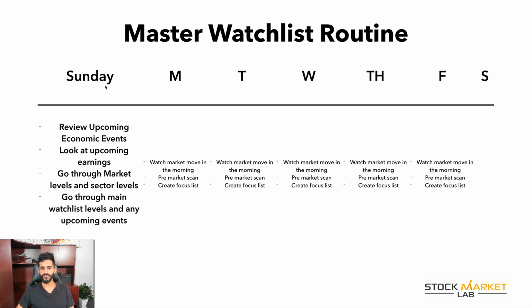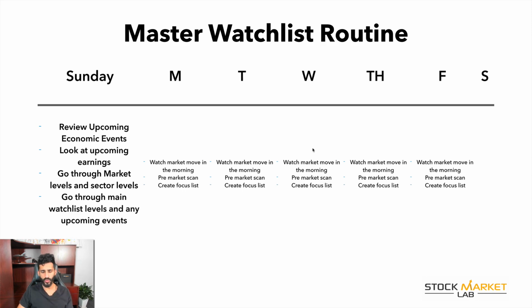Right here, we start the week off with Sunday. Sunday is the main day. This is where your full watch list, your full week outline gets created. This is where you review upcoming economic events. Like I mentioned in part 8, looking at market events is extremely important. So you look at the market economic calendar and you see any upcoming events.